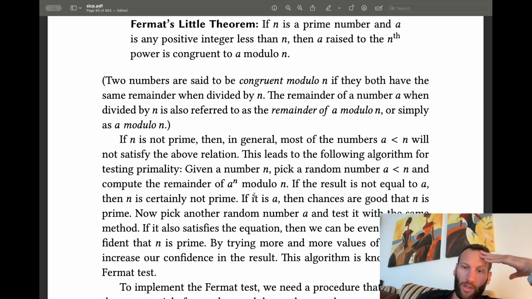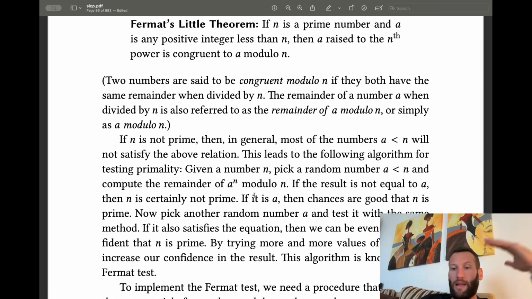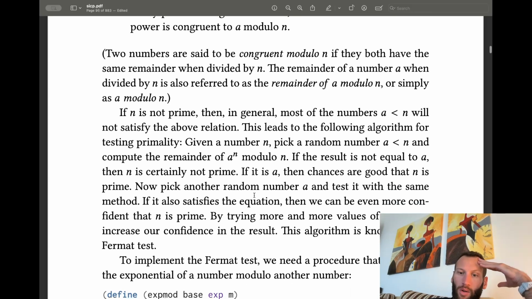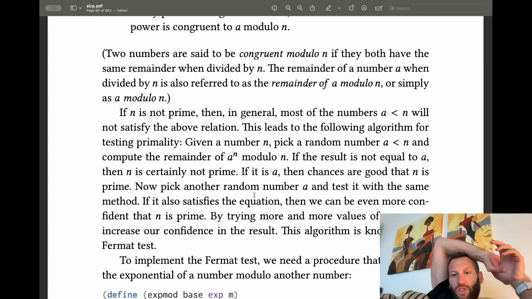This leads to the following algorithm for testing primality. Given a number n, pick a random number a less than n and compute the remainder of a to the power of n modulo n. If the result is not equal to a, then n is certainly not prime. If it is a, then chances are good that n is prime.